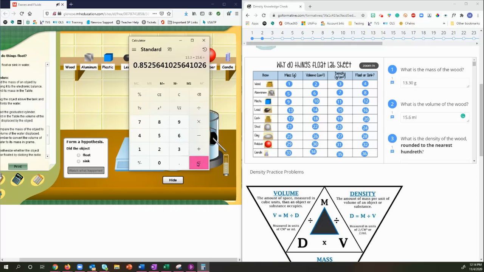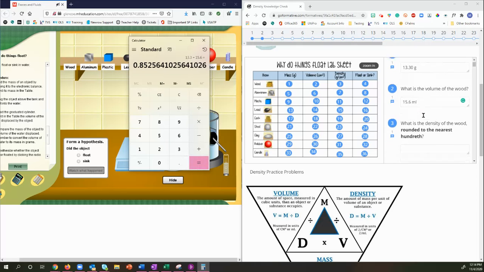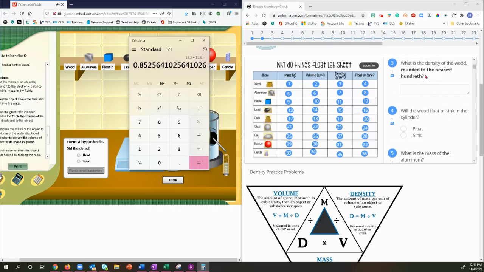I'm going to hit equal. So my density here, rounded to the nearest hundredth, is going to be these two digits, and the next digit is a 2, so it's going to say 0.85.